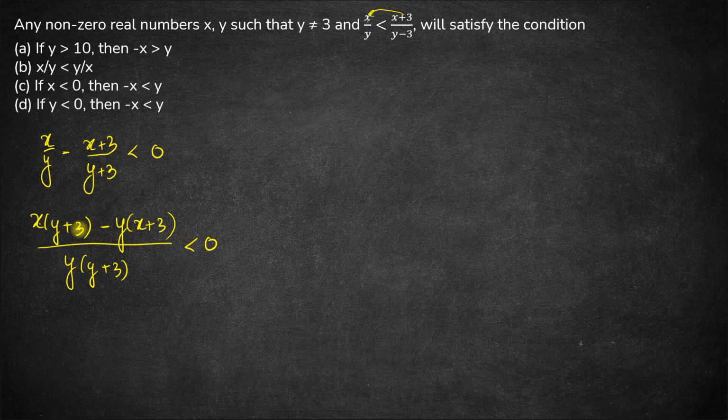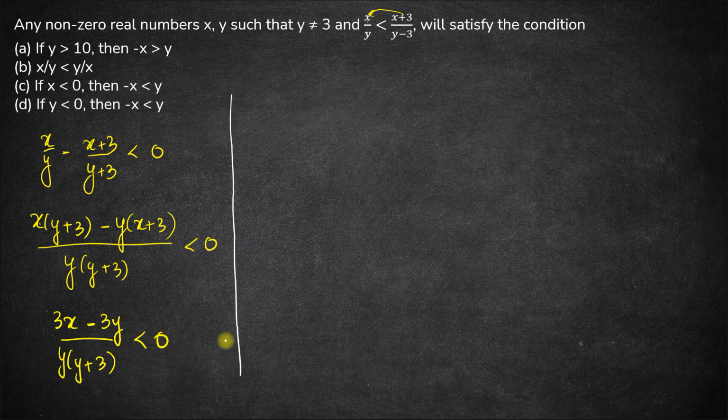So we'll have xy minus yx, it will cancel out, so we'll have 3x remaining from here and minus 3y remaining from here upon y into (y+3) is less than 0.